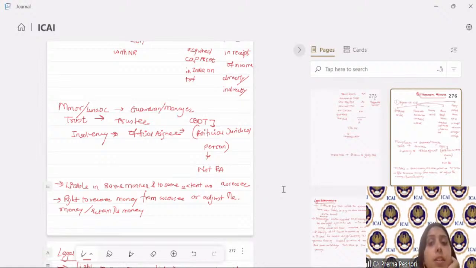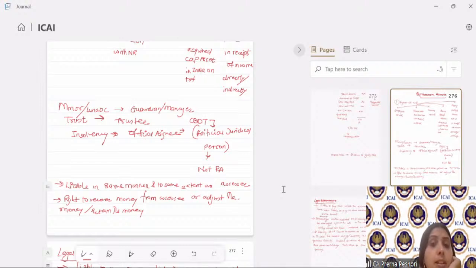So representative assessees, as I told you, are there especially for the non-resident: an employee, a business connection, a trustee, or a person from whom the non-resident has income. Is that clear? Or any other person who has acquired a capital asset by means of transfer from the non-resident.